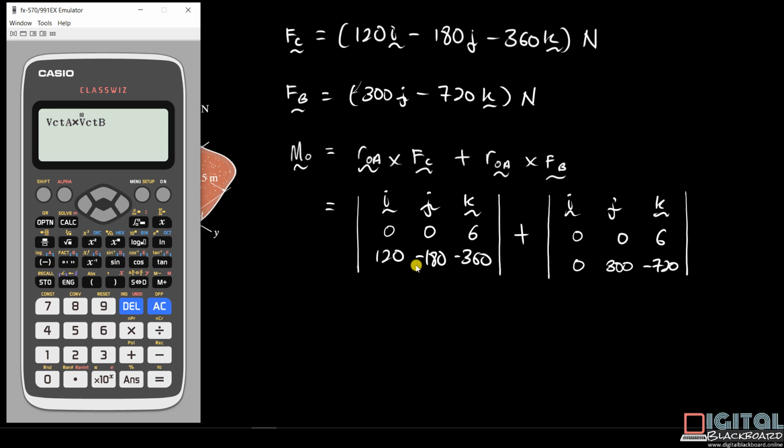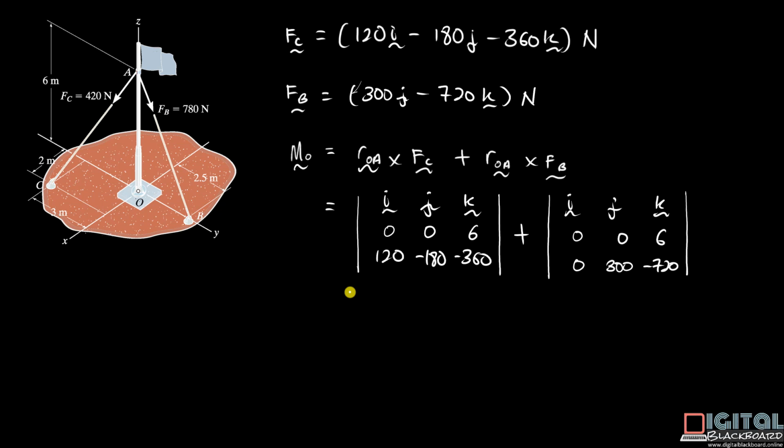Alright, because this determinant essentially determines the cross product of ROA and FC. So you have here 1080i plus 720j plus 0k. So we write down here 1080i plus 720j, right? And then there's no k component.